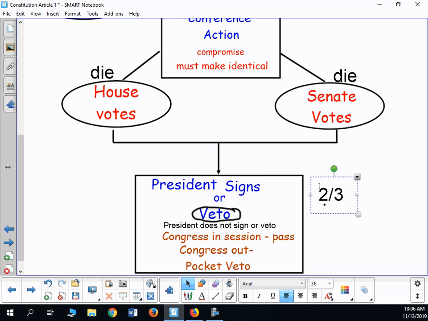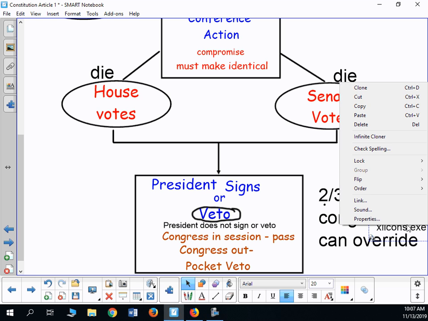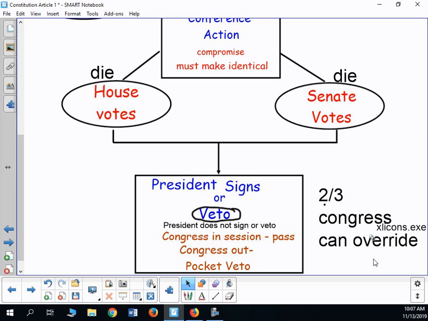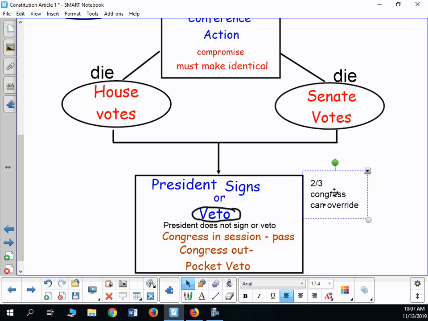Two-thirds of Congress can override a veto.